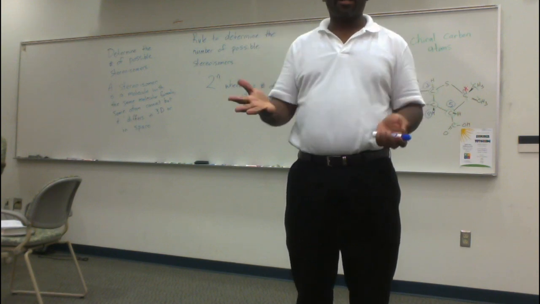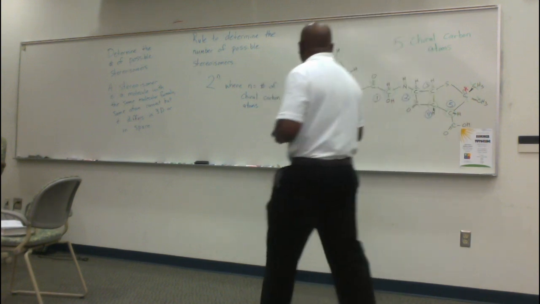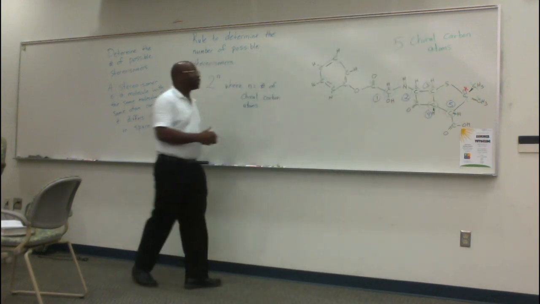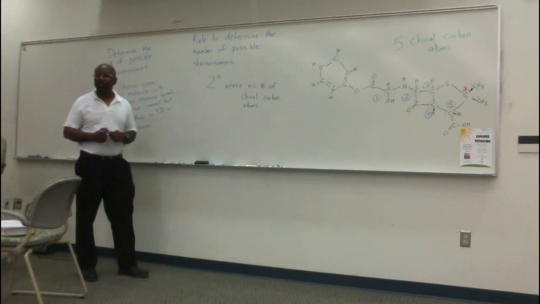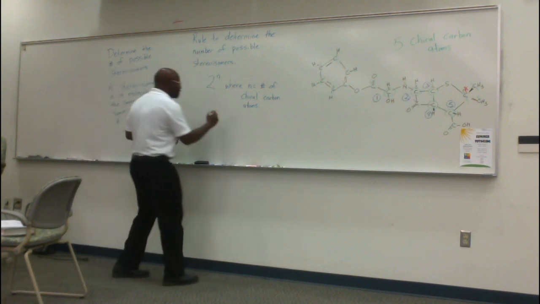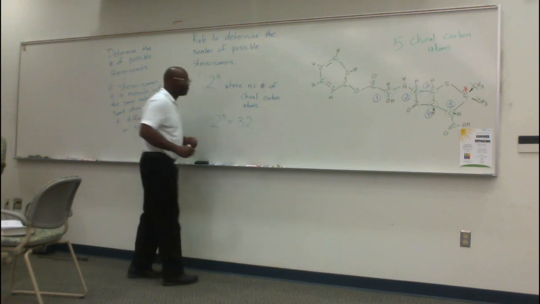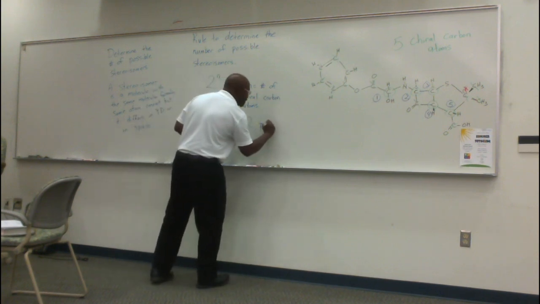And if I had 5, 32. In this molecule, there are how many possible stereoisomers? 32, that's what you said, because 2 to the 5 equals 32 possible stereoisomers.